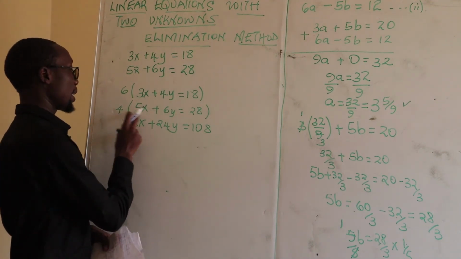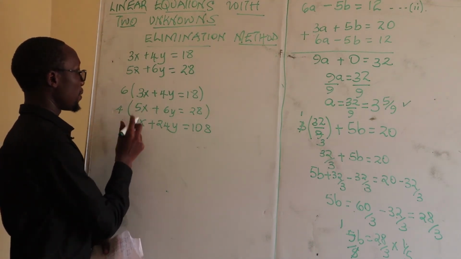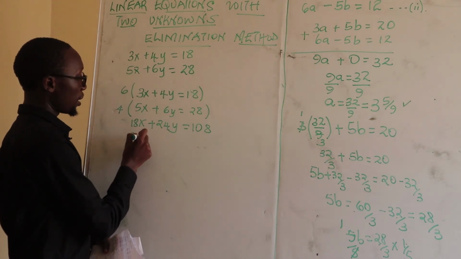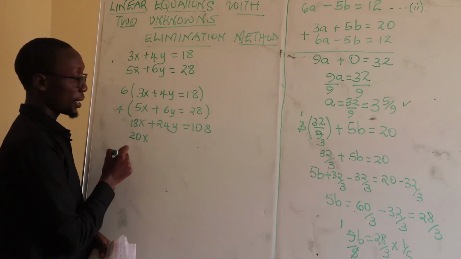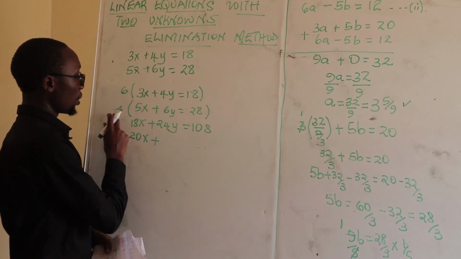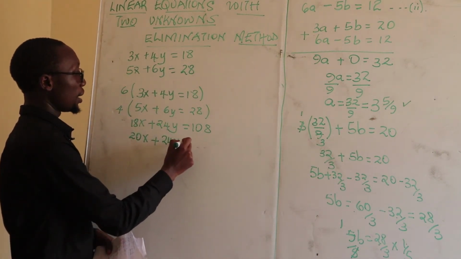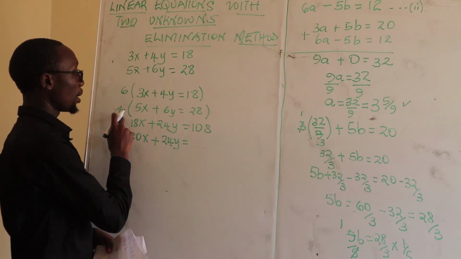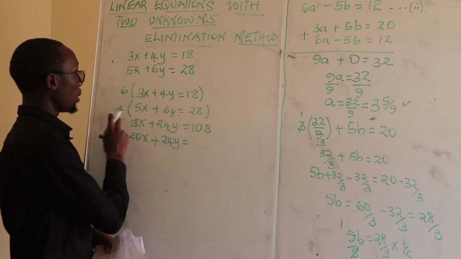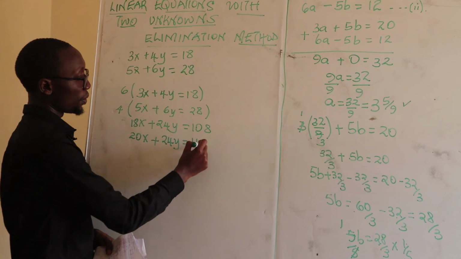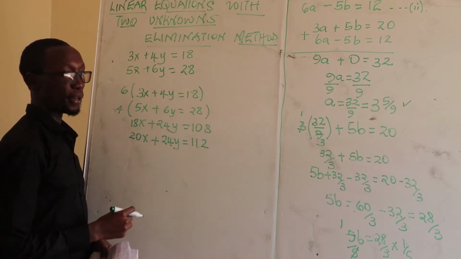And then in the second equation, 4 times 5x, that shall give us 20x, and then you add it to 4 times 6y, that gives us 24y, and this shall be equals to 28 multiplied by 4, which gives you 112.